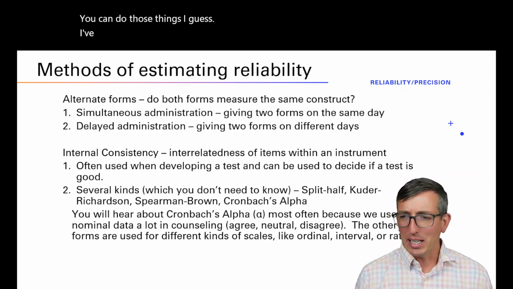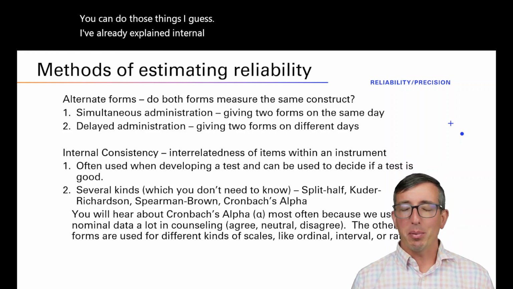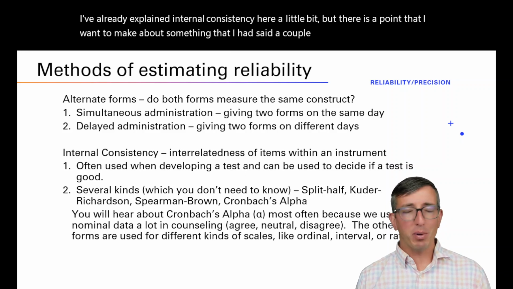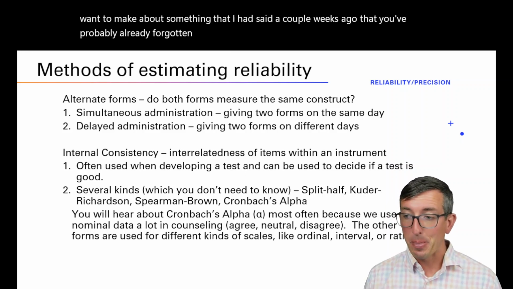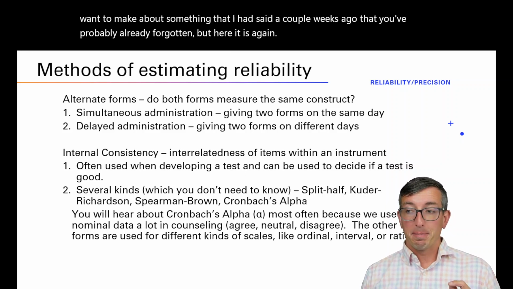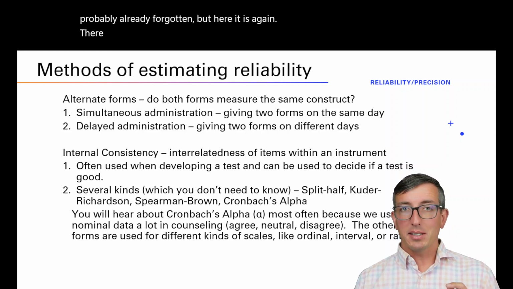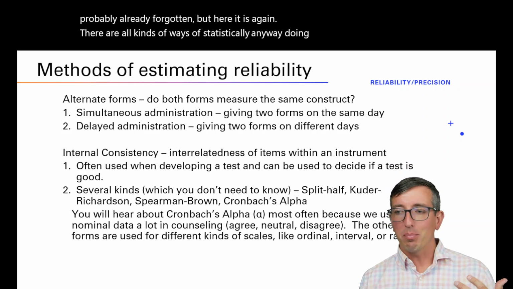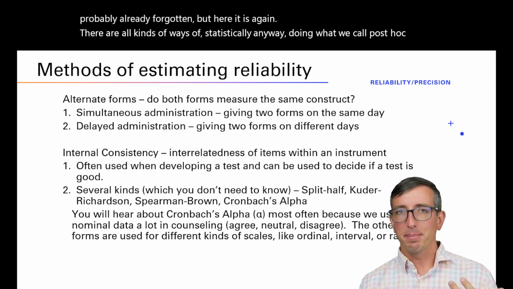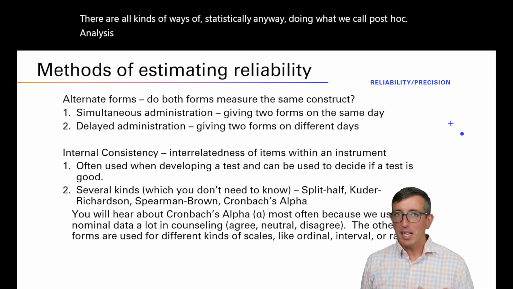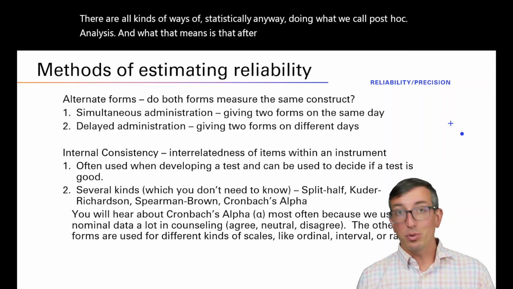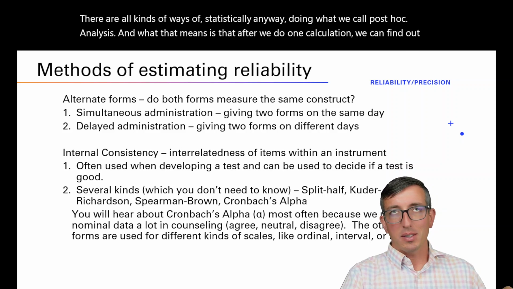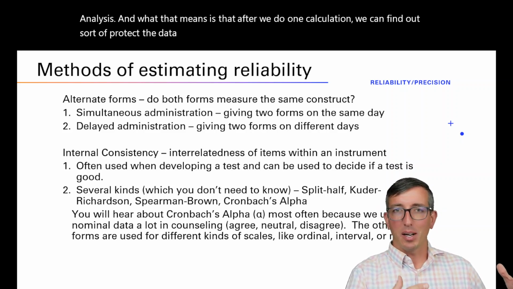I've already explained internal consistency here a little bit, but there is a point that I want to make about something that I had said a couple weeks ago that you've probably already forgotten, but here it is again. There are all kinds of ways, statistically anyway, of doing what we call post hoc analyses. What that means is that after we do one calculation, we can sort of protect the data from measurement error.